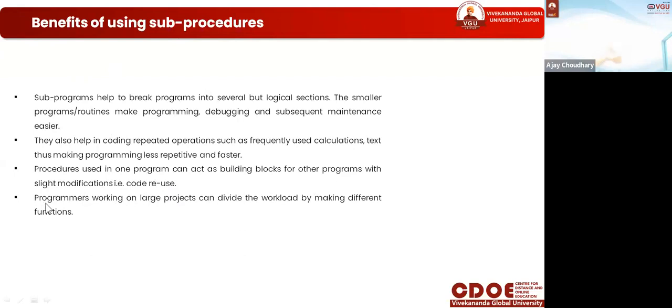Programmers working on a large project can divide the workload by making different functions. When we use this kind of programming, every member of the team may benefit. When we have a major project, we use many types of languages and many types of procedures. There is one team, but the team has different parts: some are programming, some are testing, and some are documenting.